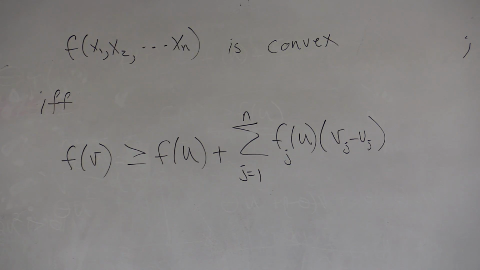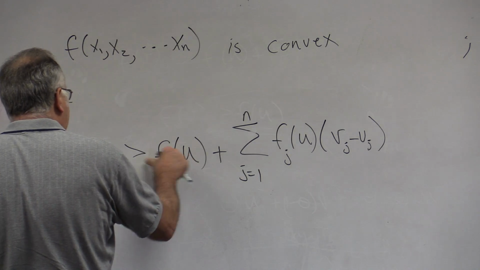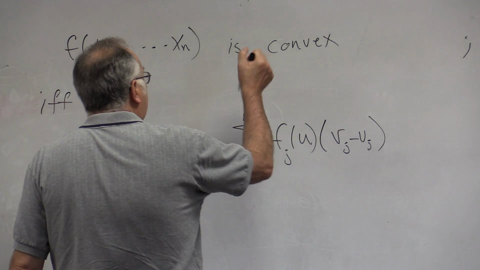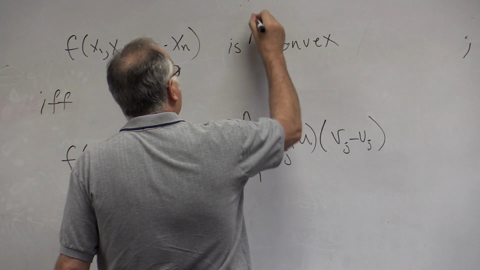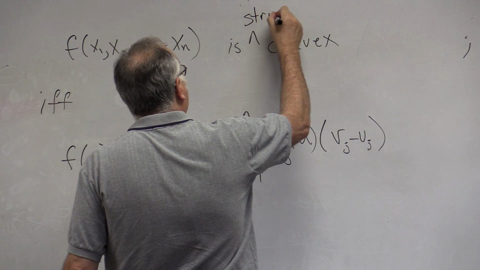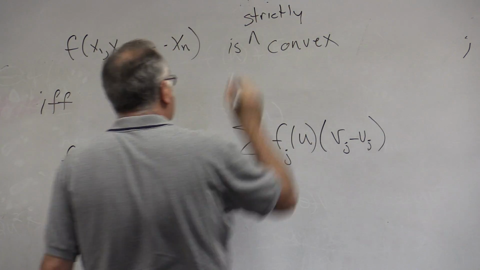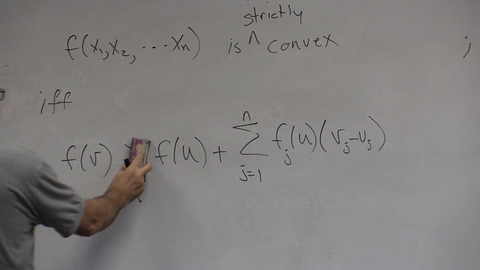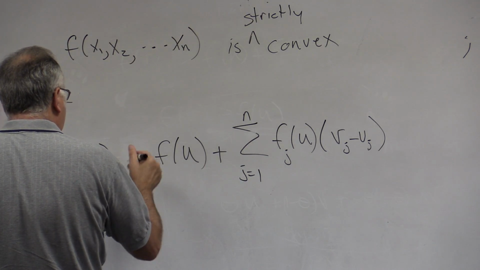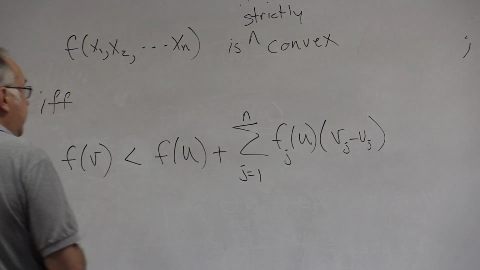And again, strictly concave, strictly convex, you just look at the strong versus the weak inequalities. So if I erased that, then this would be strictly convex. In the other case, this case here would be strictly concave.